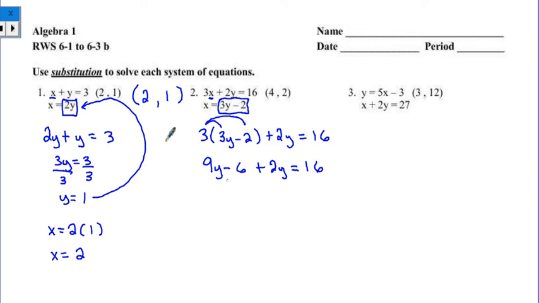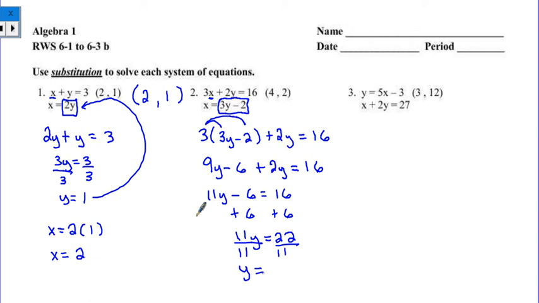You've got to combine your like terms. The 9y and the 2y go together to give you 11y minus 6 equals 16. Add 6 to both sides. That puts you at 11y equals 22. Divide by 11, and y equals 2.